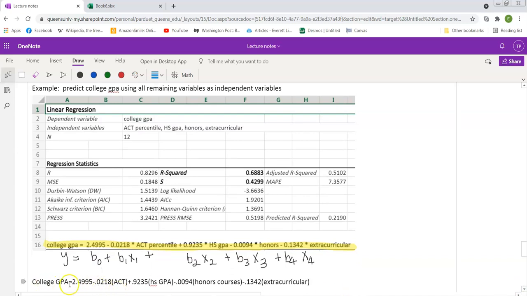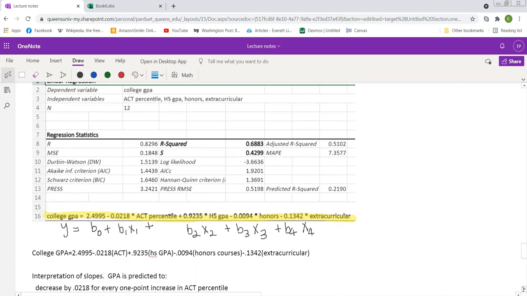So this is our equation, and let's interpret some of these slopes. If we wanted to interpret the constant, and this is less important than interpreting the slopes, that would be the predicted GPA if all of these independent variables were 0.